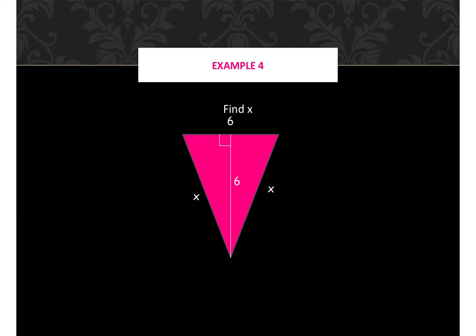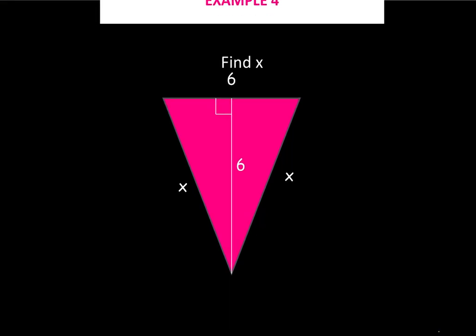Isosceles? Ah, very good, Karen. It is isosceles. Why is it isosceles? What do we need for it to be isosceles, guys? Two of the sides to be congruent. Good. And one side is x and the other side is x, right? So that means that these two angles are the same.